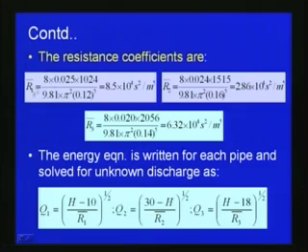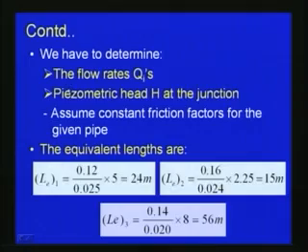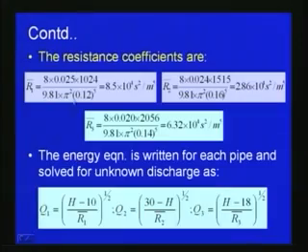So for pipe 1, f is 0.025 and the length is now 1000 plus 24, so 1024, divided by g, which is 9.81, into pi square into d, which is 0.12, so 0.12 to the power 5. So, we get the resistance coefficient for pipe 1 as 8.5 into 10 to the power 4.